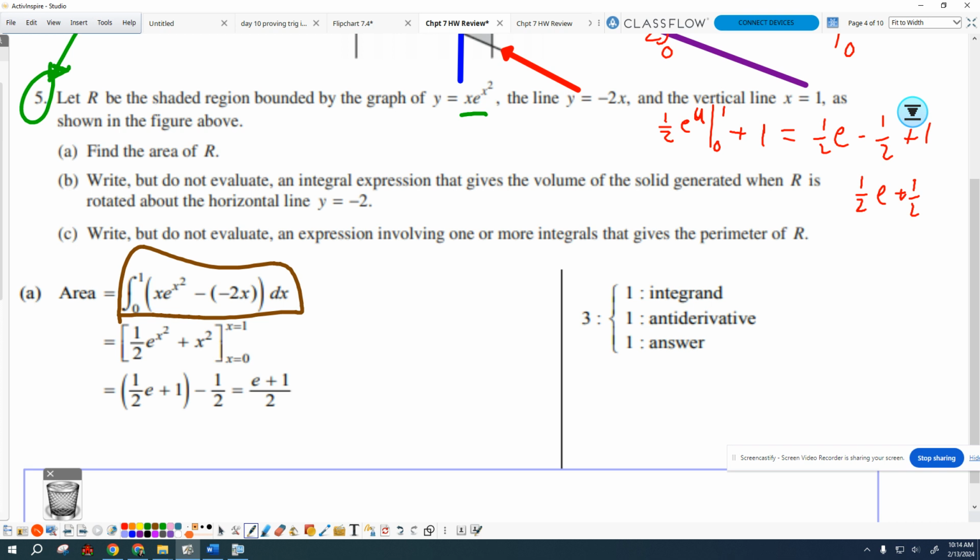You need to jump this high to get the last point. What if you got the right antiderivative for x e to the x squared, but didn't show it? Doesn't matter. You can show a whole lot of work and it doesn't do anything. But if you just get that, you know it.